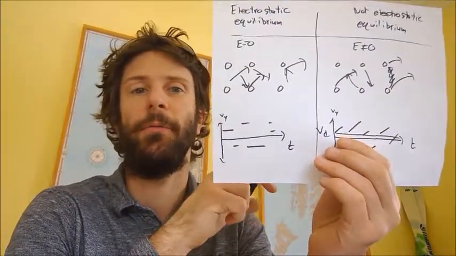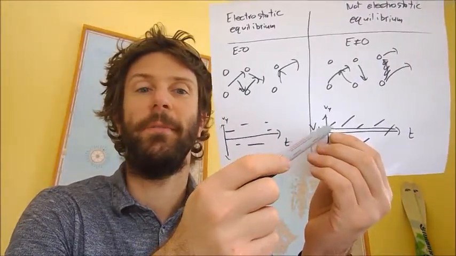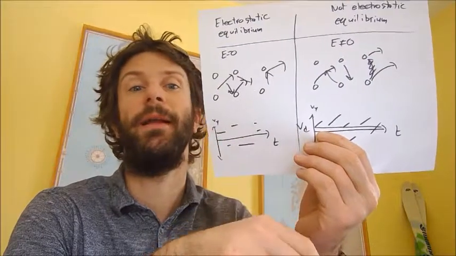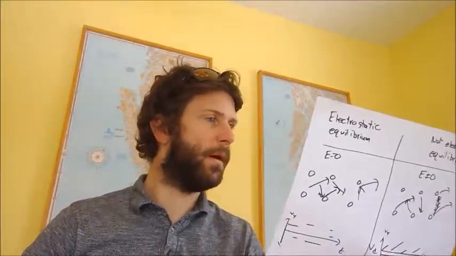The drift velocity is this higher one, right? So it's going to be on average going a little bit in the positive x direction.